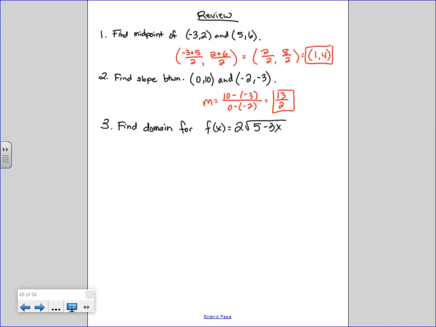No, that's the numbers that work. Try putting in like 0 or 1, those work. Put the 5 minus 3x greater than or equal to 0. So don't have an x on that side, it's 5 minus 3x, and then 0. And then you just solve it. Pretty easy.